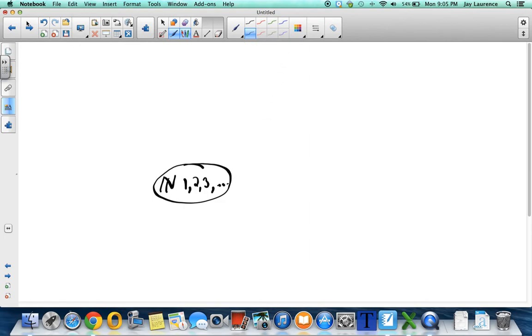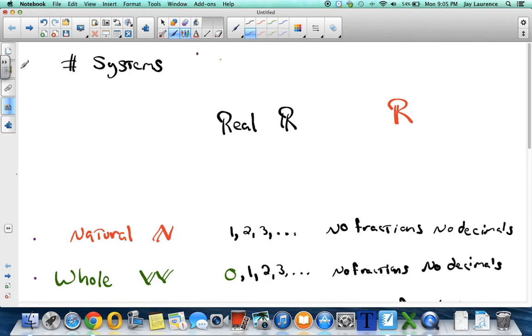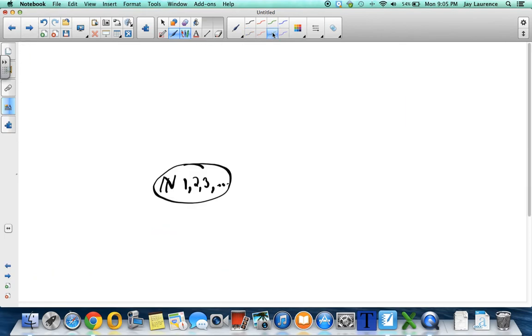And then, what were my whole numbers? My whole numbers were in green. So then my whole numbers are another circle here. And they have this W symbol. And they're just like the natural numbers, except they include 0, 1, 2, 3. Okay?